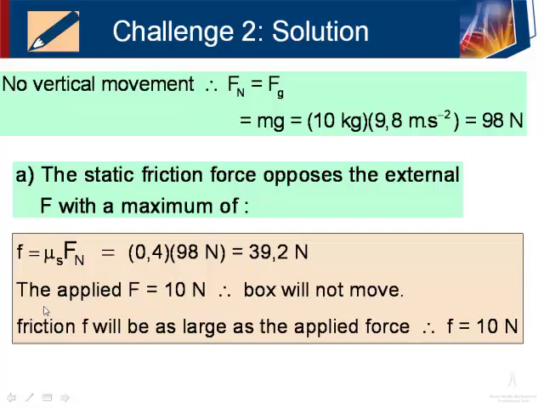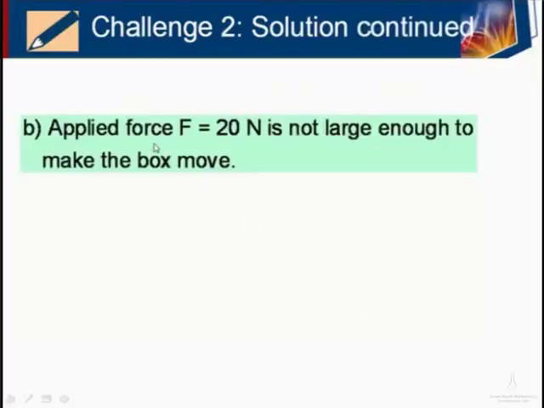Now remember, the applied force is 10 newtons in example A, and therefore the box will not move because the friction F will be as large as the applied force, and therefore friction will be 10 newtons as the applied force is 10 newtons, and the box will not move. The applied force in B is 20 newtons. It's still not large enough to actually make the box move.